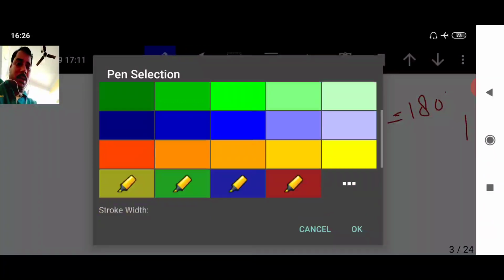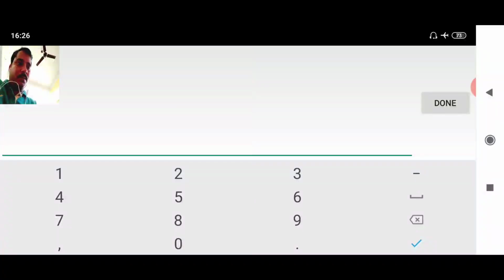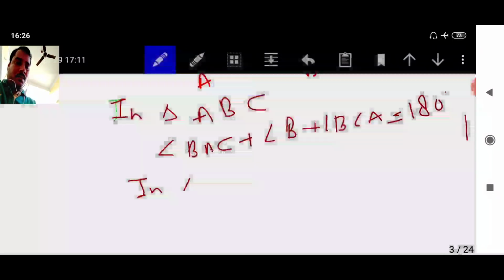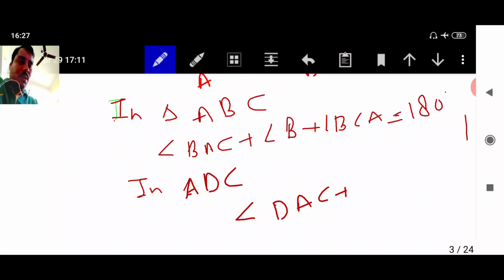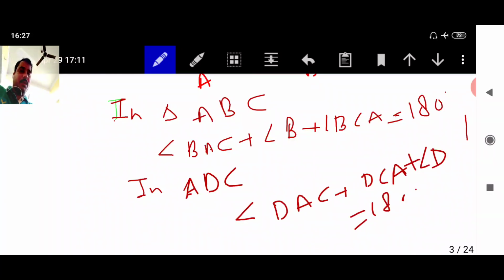In ADC, angle DAC plus angle DCA plus angle D equals 180 degrees.